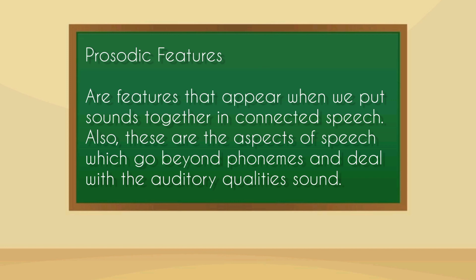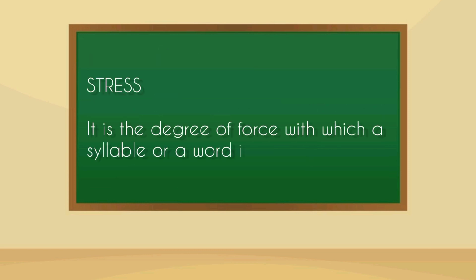To further understand what is prosodic feature, we have here the types of prosodic feature. First type of the prosodic feature is what we call stress. Can someone read this, please? Alright, thank you. So when we say stress, it is the degree of force with which a syllable or a word is uttered.